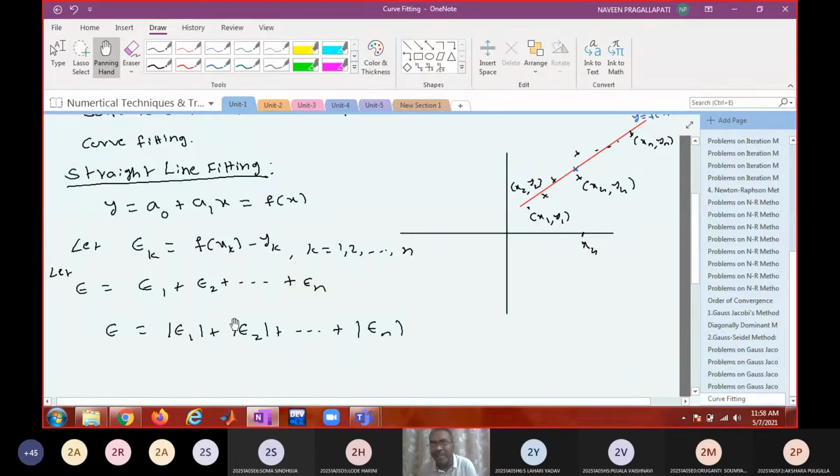You said modulus because you want to make every epsilon positive. What can be the other way of doing this, instead of using modulus? Yes, that's right. Square it. If I can minimize this error, that means the points will be very much closer.